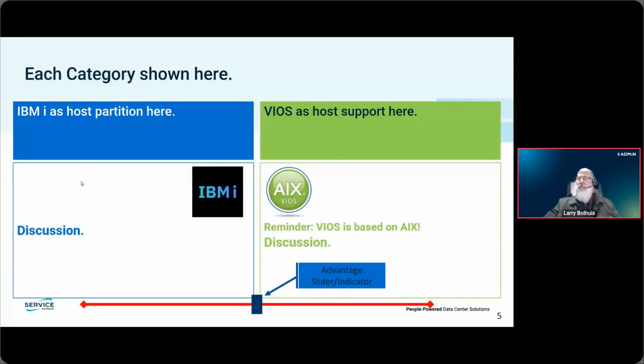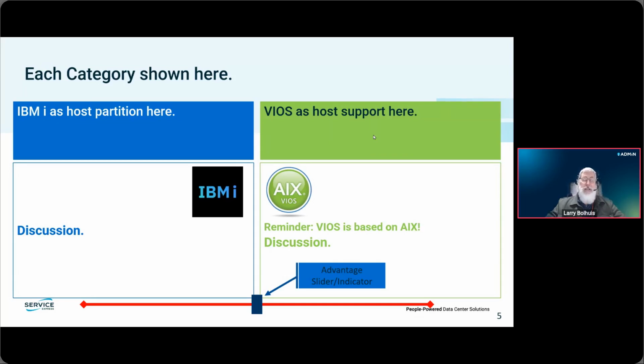On the left, we have IBM i as a host partition, and this is the format all the slides will take from this point going forward. IBM i has the blue color, VIOS over here has the green color, because if you don't know this, VIOS is actually AIX under the covers with a command shell, basically.